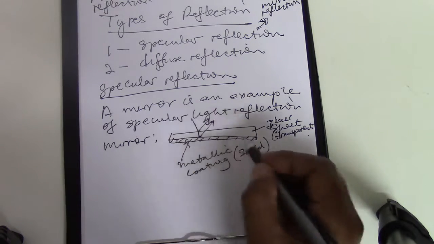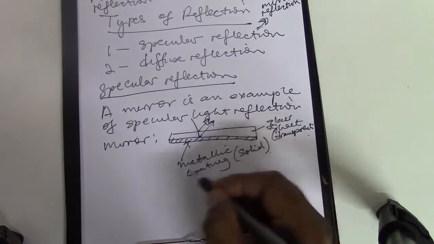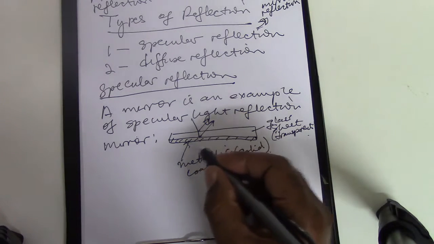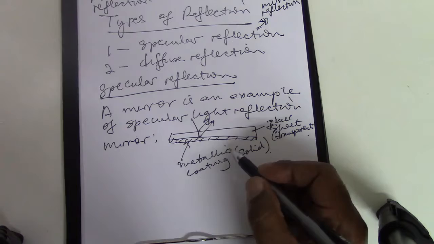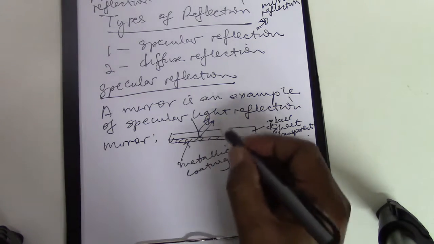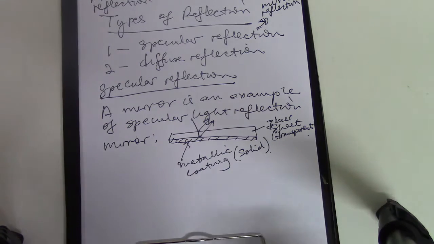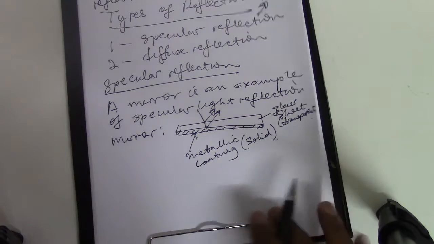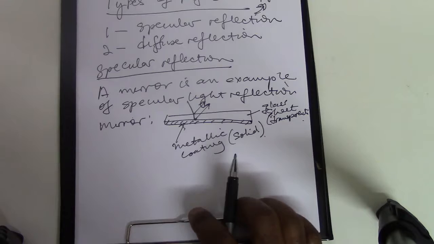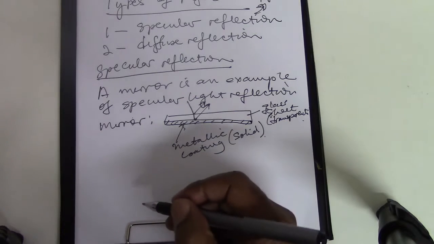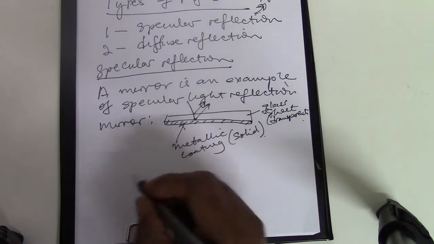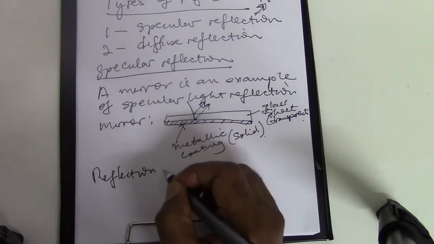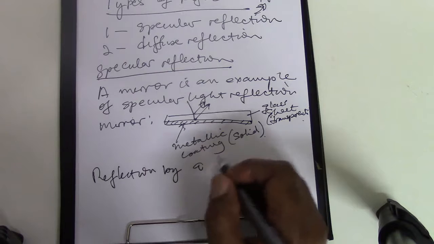It's a thin film coating, metallic coating at the back here, but it's very responsible for total reflection to take place. Right. Now, let's point out one important thing about this. One important fact about reflection by a mirror.